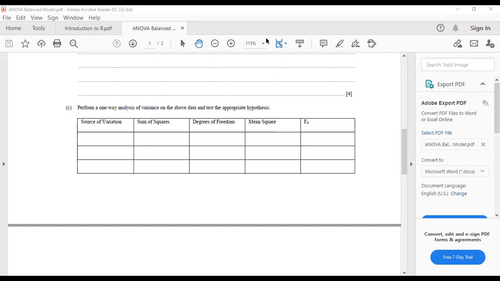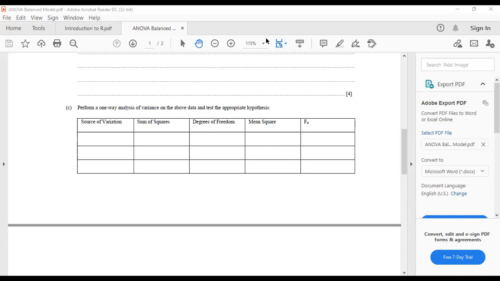Right, the next one is MSE. For MSE, yeah, go ahead. It is SSE divided by degrees of freedom. Millicent, go ahead.